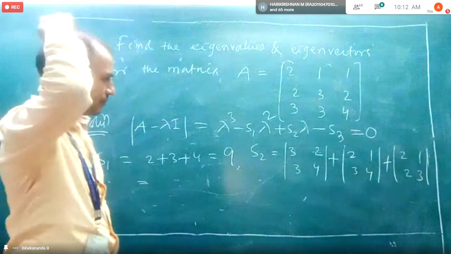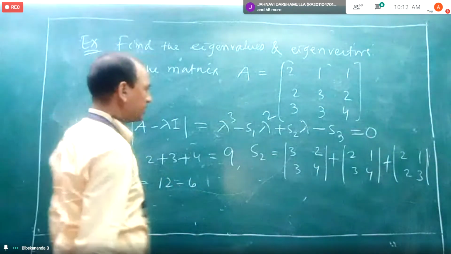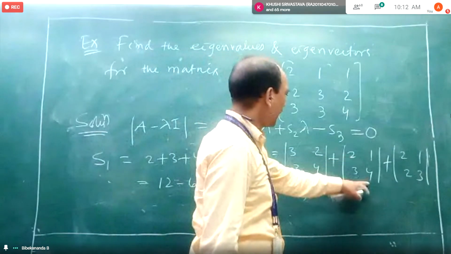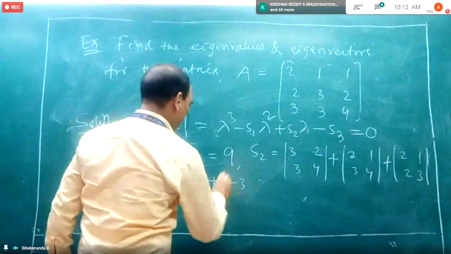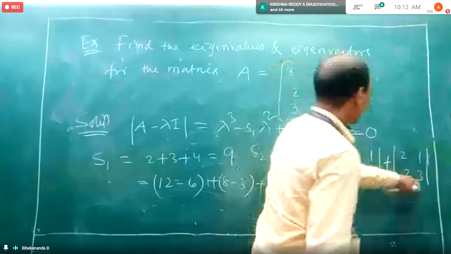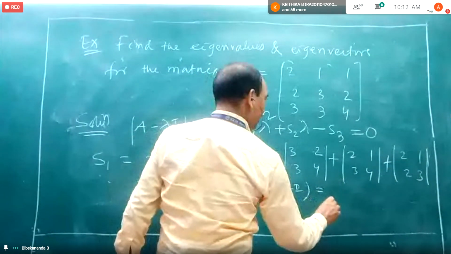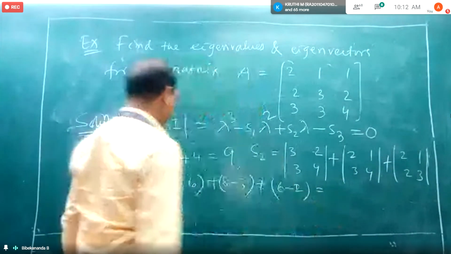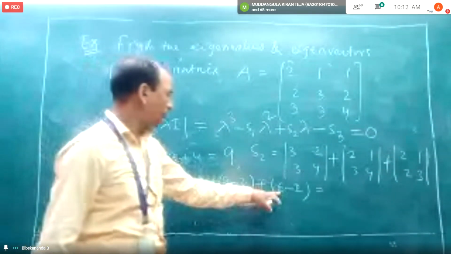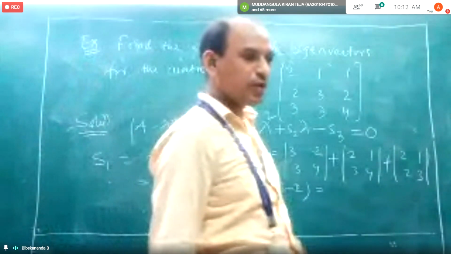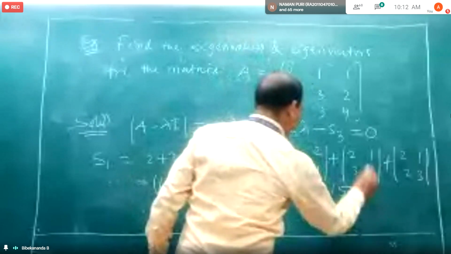This is 12 minus 6, plus 8 minus 3, plus 6 minus 2. That is 6 plus 5 plus 4, which is 15.